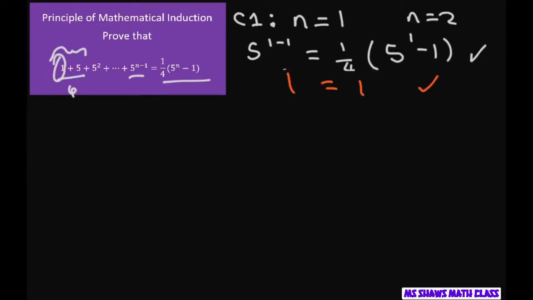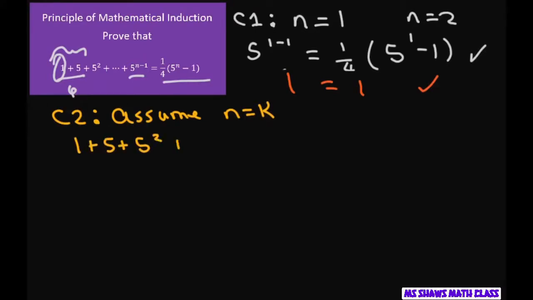So for condition 2, we're going to assume it is true for n equals k. So just write this out, and everywhere there's an n, you're going to write k. 5 to the k minus 1.